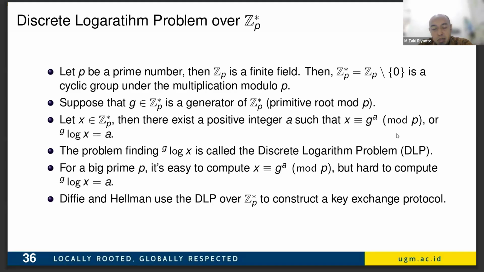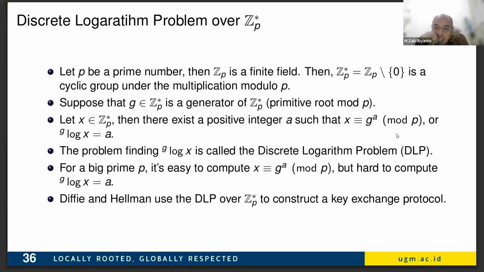So actually, Diffie and Hellman used a hard problem in mathematics. It is the discrete logarithm problem. So this is the definition of the discrete logarithm problem. Let p be a prime number, and we already know that Zp is a finite field.